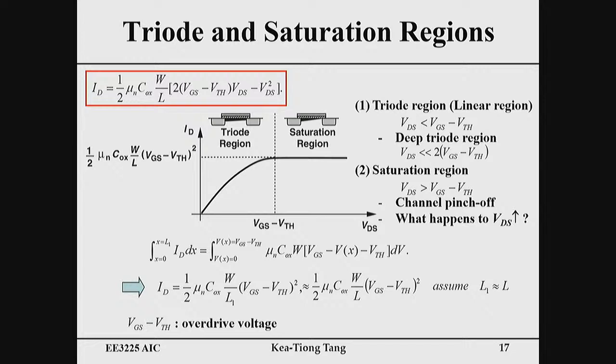If you do have some carriers to flow, then you want to increase the electric field, so you increase the drain voltage. When you increase the drain voltage, the transistor will first enter the triode region, and after the transistor is pinched off, it will reach the saturation region.